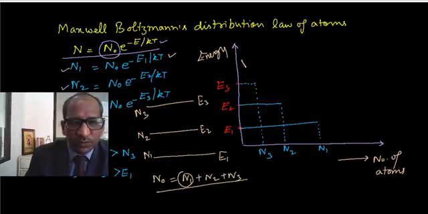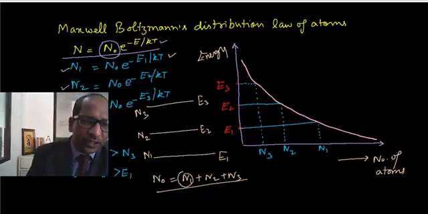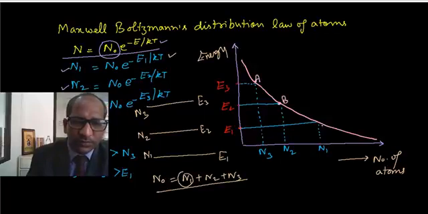If I join all the points, the behavior is in this way, and it is exponential. Here this is point A, this is point B, this is point C, and you can see this through the equation N is equal to N0 e raised to the power minus E upon kT.